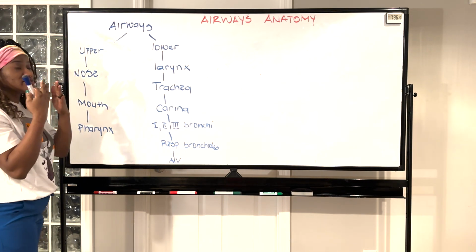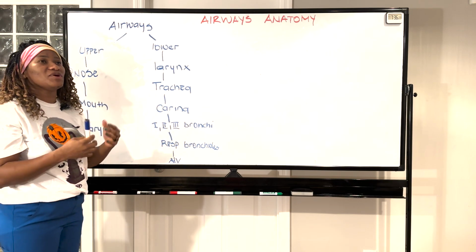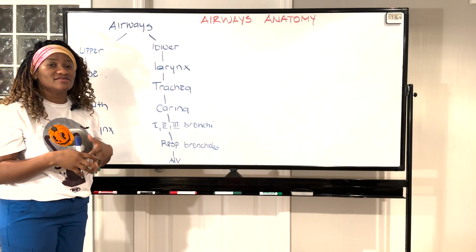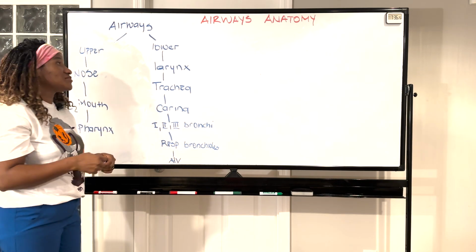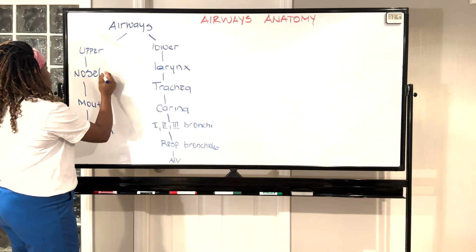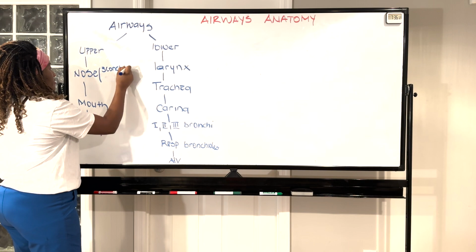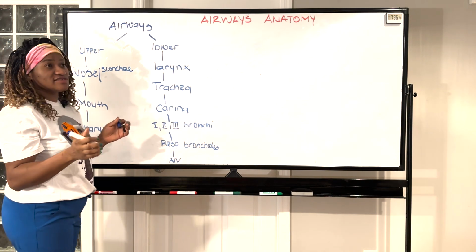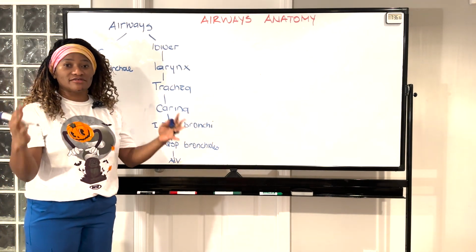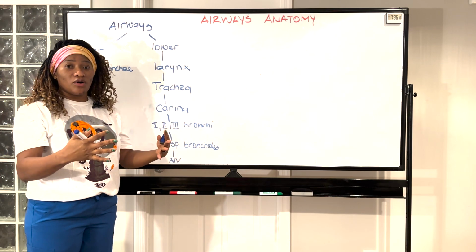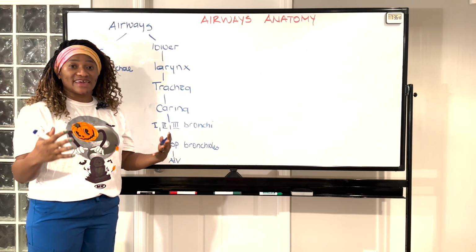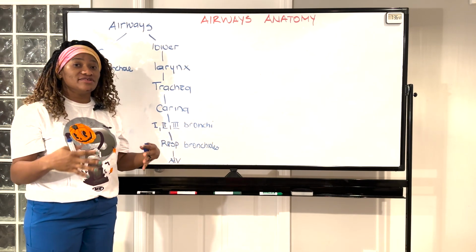We have the nose. So the nose has what we call the conchae. They also call them the turbinates. So we have three conchae in the nose with their meatus. The conchae are going to help filter, warm up, and humidify the air that goes into the lungs.